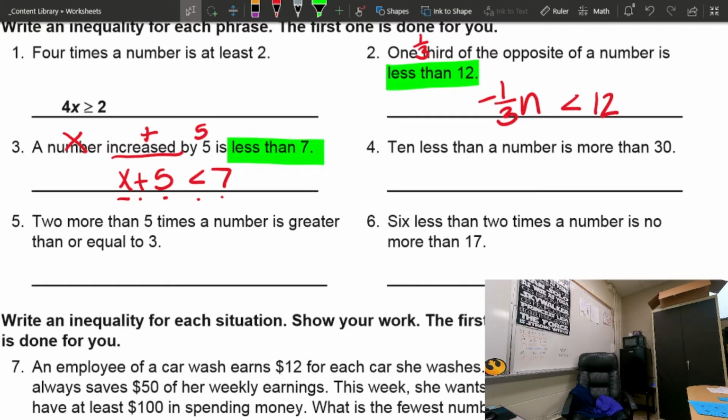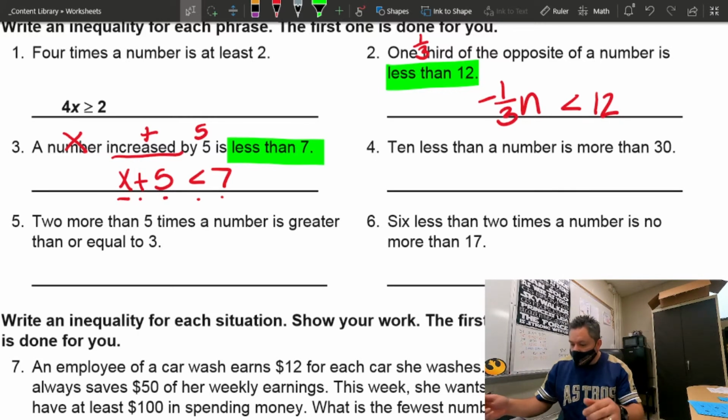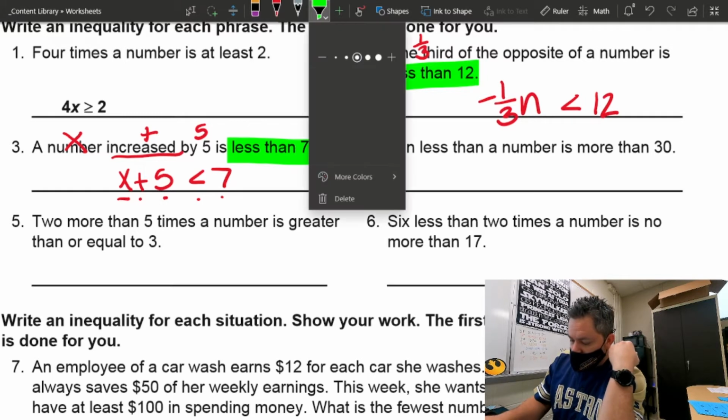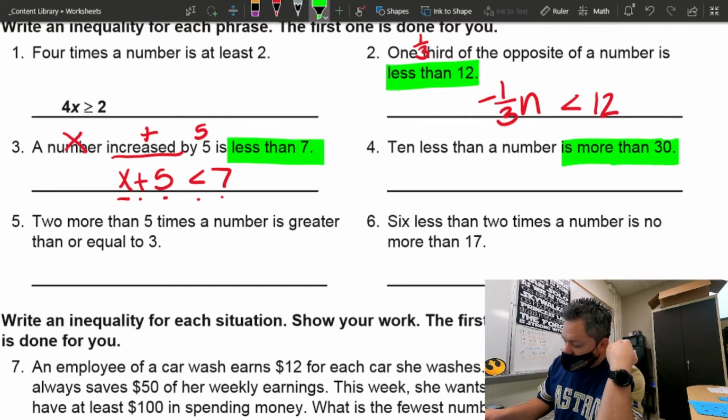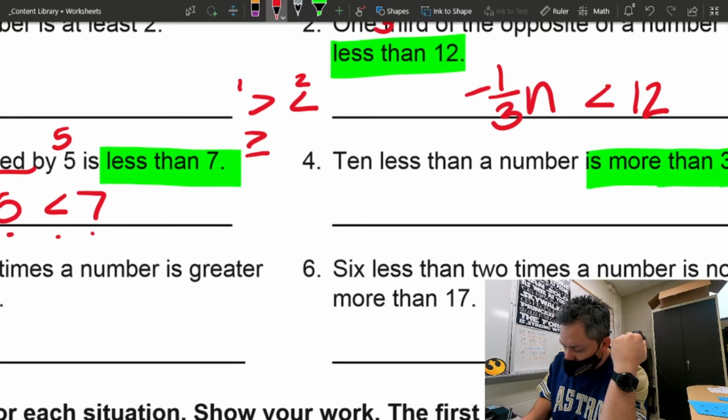All right, so let's see. Number 4, what do you have? Let's start with the more than 30. That's my inequality sign. How do we write that? I have 1, 2, 3, 4.